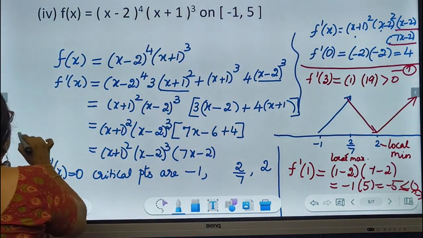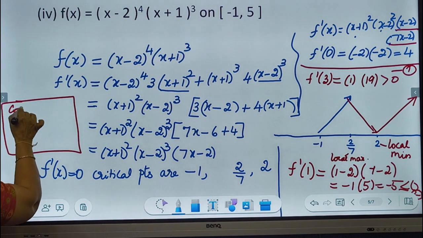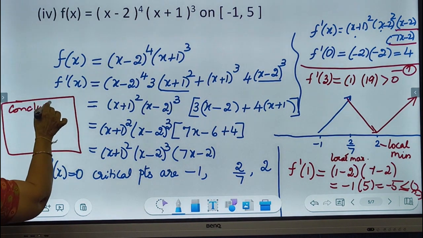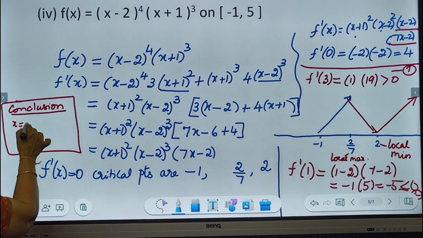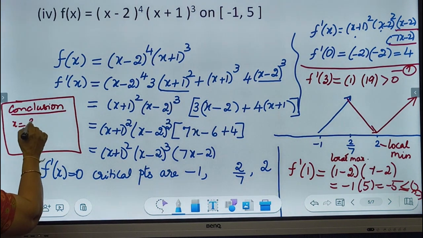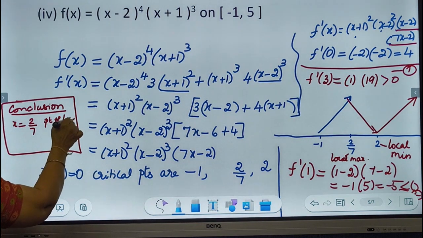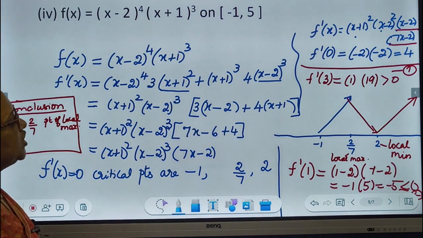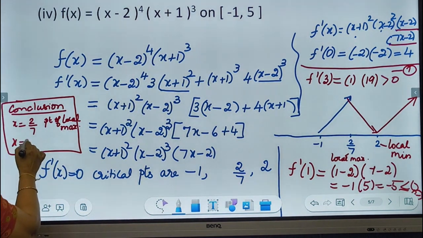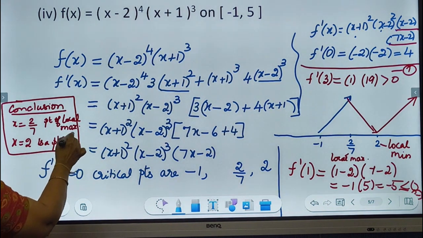So, conclusion: x equal to 2/7 is a point of local maximum, and x equal to 2 is a point of local minimum.